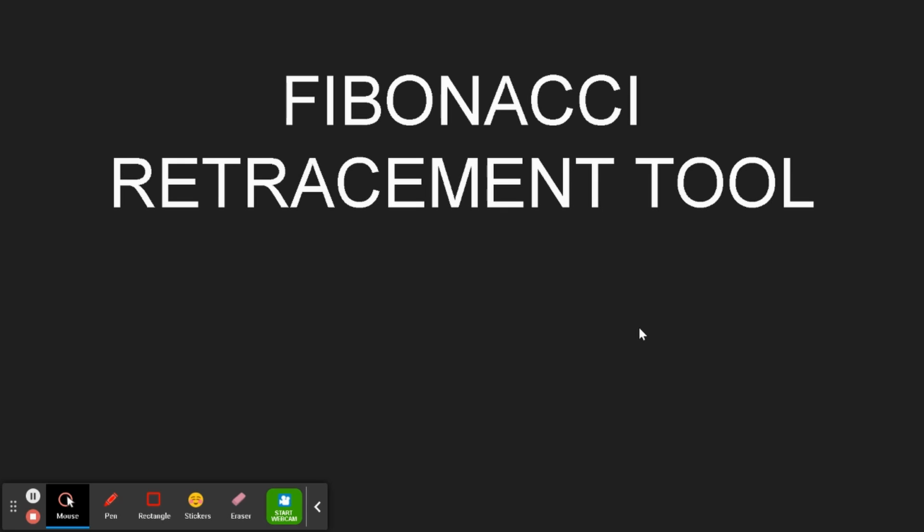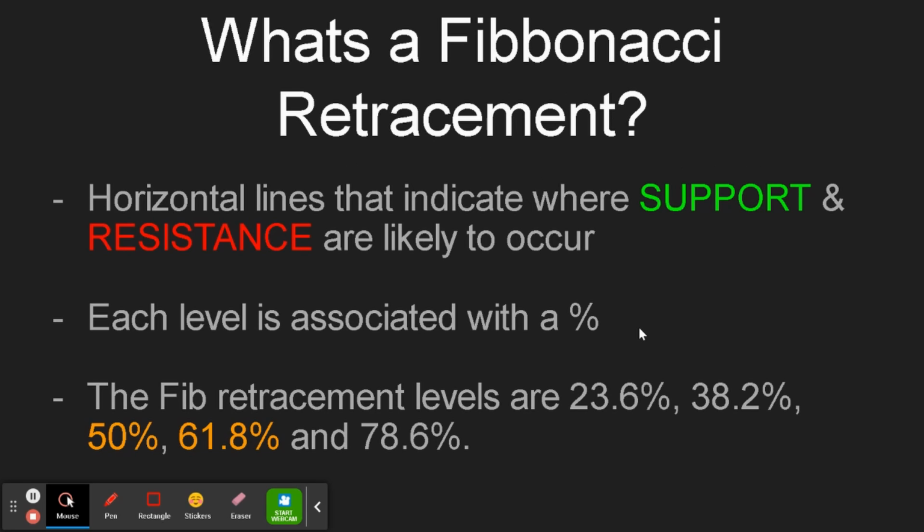Okay, so starting off, a fib retracement is basically horizontal lines that indicate where support and resistance are likely to occur. Each level has a percentage value and they are usually 23.6, 38.2, 50, 61.8, and 78.6%.